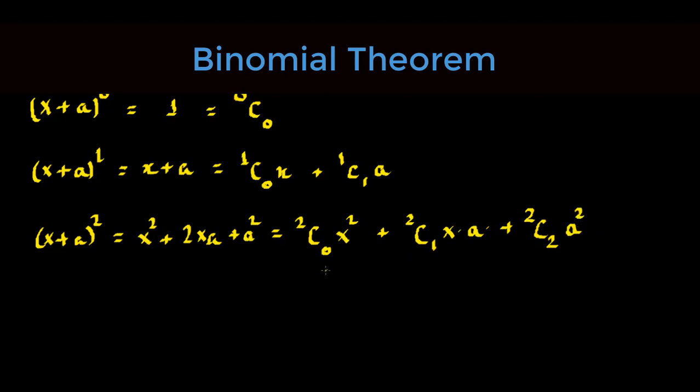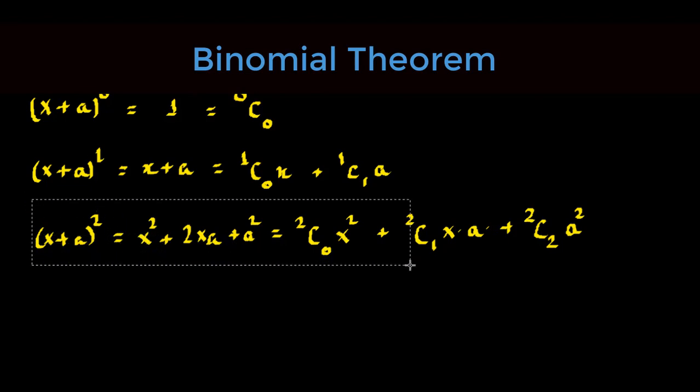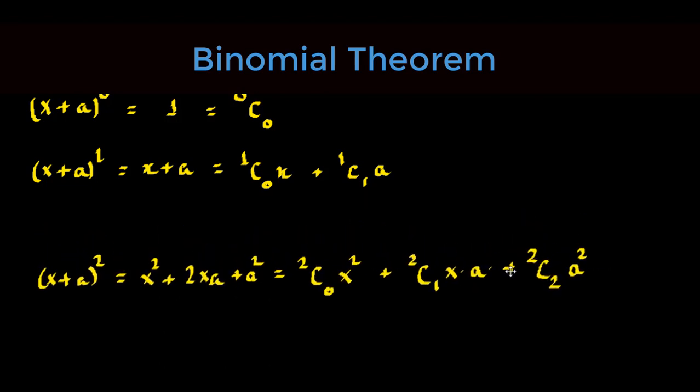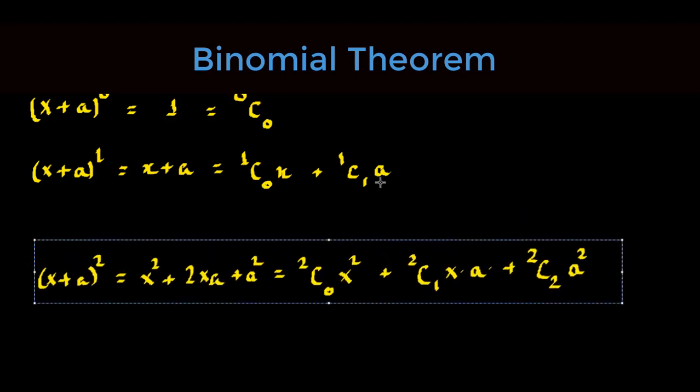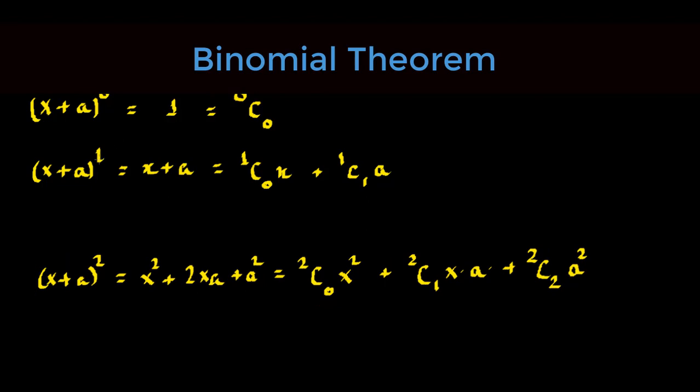Okay, so before going further, what I'm going to do is generalize this. So we're going to look at x plus a all raised to the power 1. I'm going to do some adjustments here. Let's see what kind of adjustments.